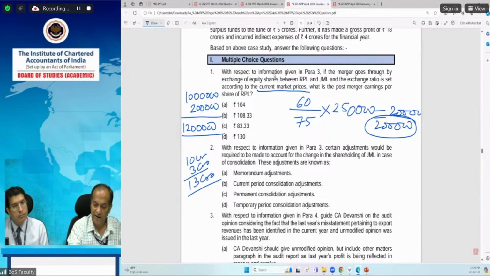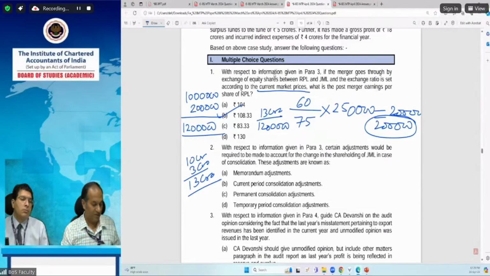So we shall divide 13 crore by 12 lakh shares, and the figure will come to 108.33. So that will be the correct answer.